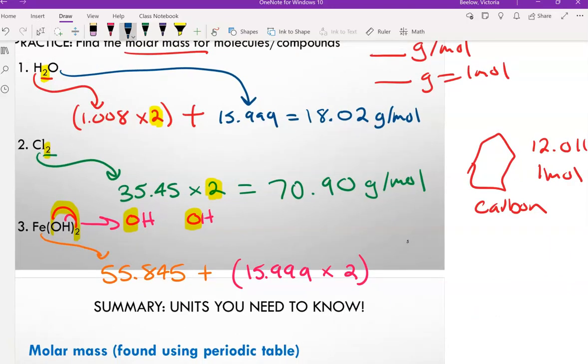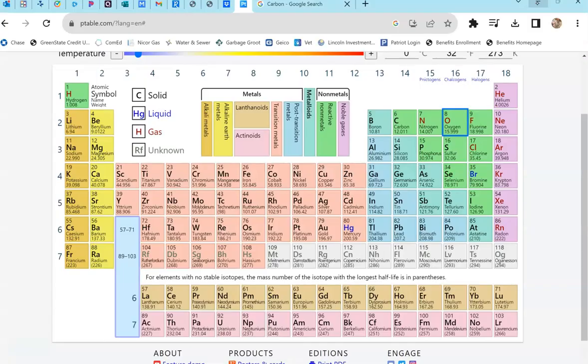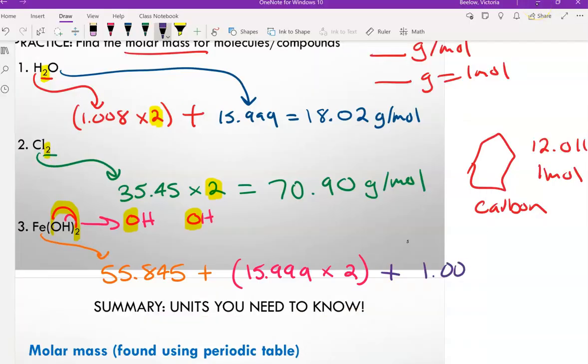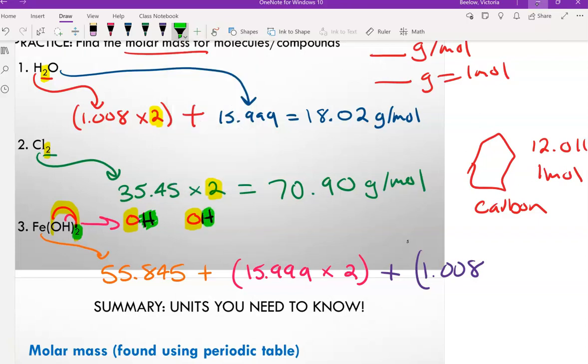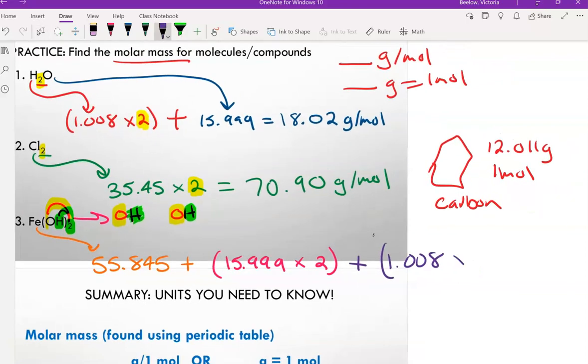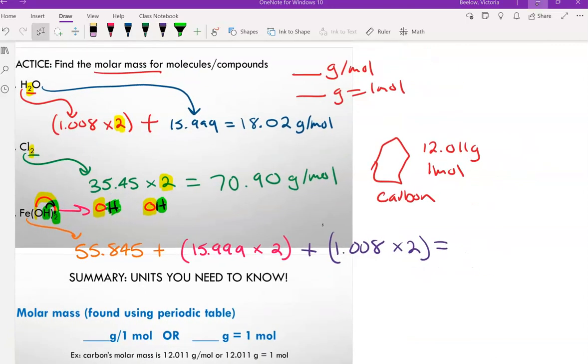Next, we have the hydrogen. Hydrogen, we said earlier, is 1.008. And in this case, we have 2 hydrogens. So we have 1 here and 1 here. Or you can look at it as 2 times 1, which is 2. So we're also going to multiply that by 2.